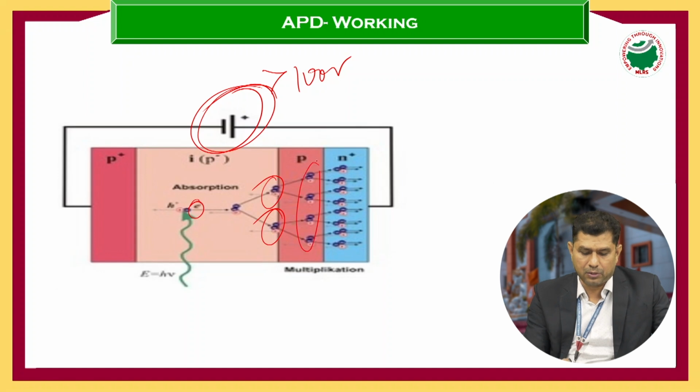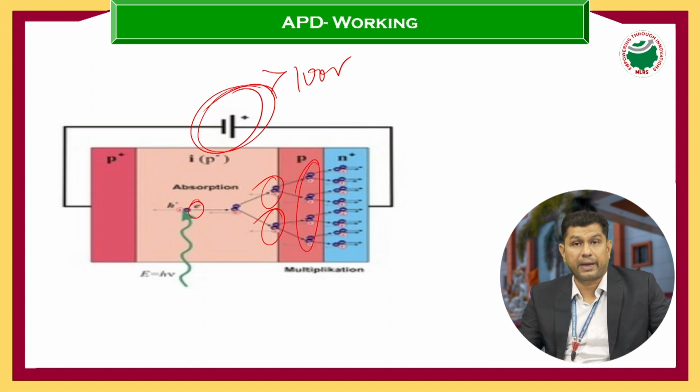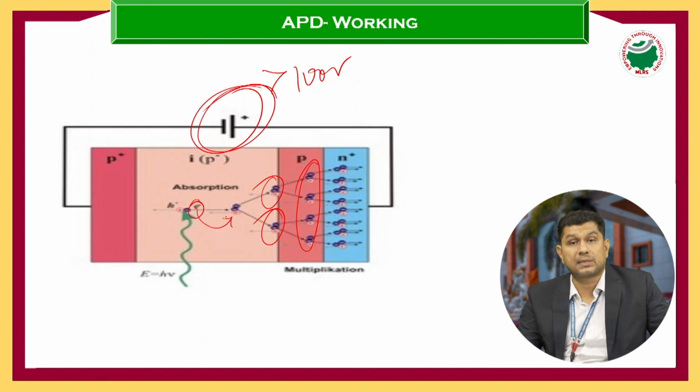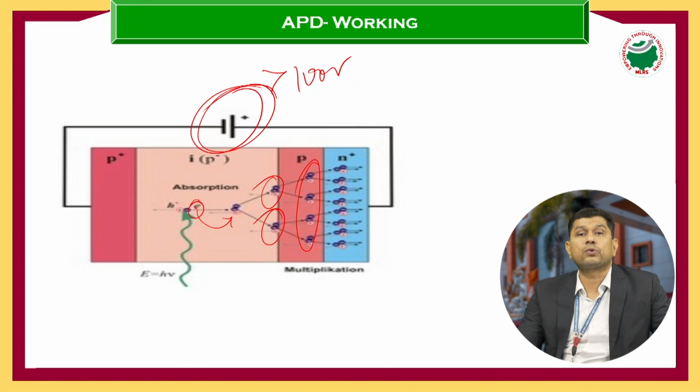Like this, covalent bonds continuously break down and a large number of charge carriers become available. This is called impact ionization. The primary electron impacts and produces secondary electrons, and the secondary electrons further produce more electrons. Like this, charge carrier multiplication takes place. This is called impact ionization, or the avalanche effect. Because of this avalanche effect, the output current is not linear.